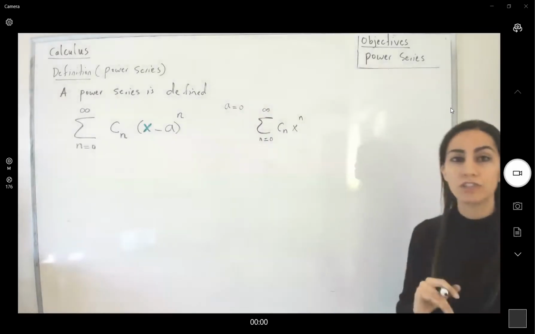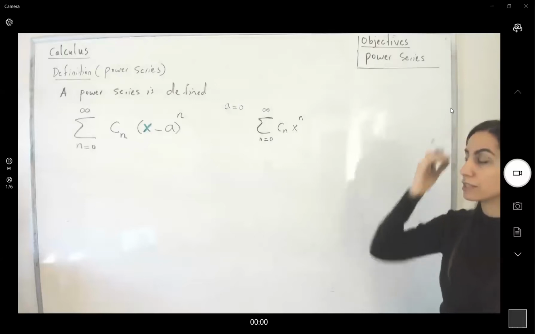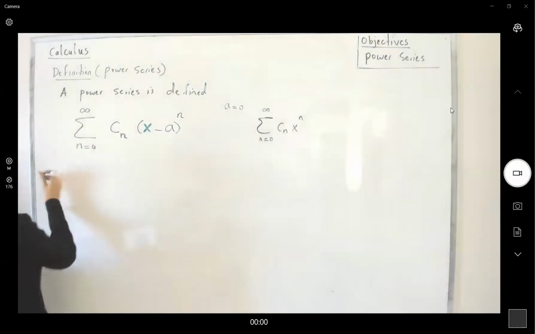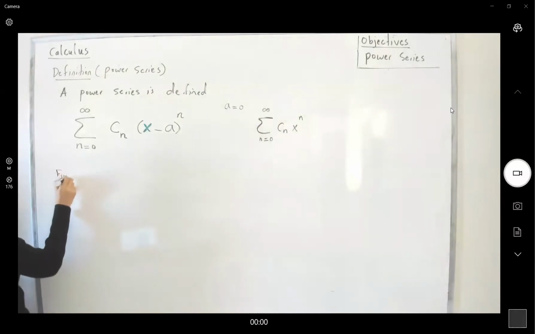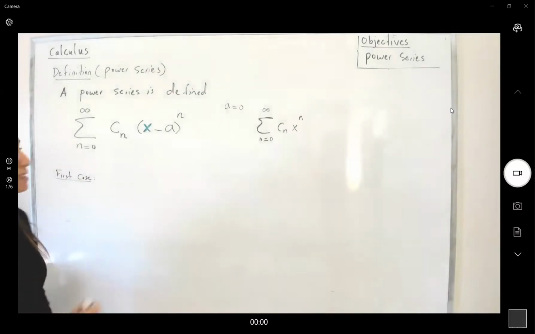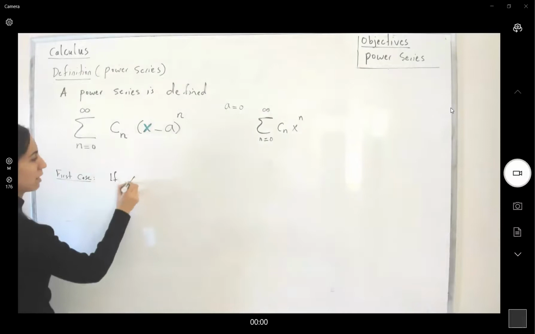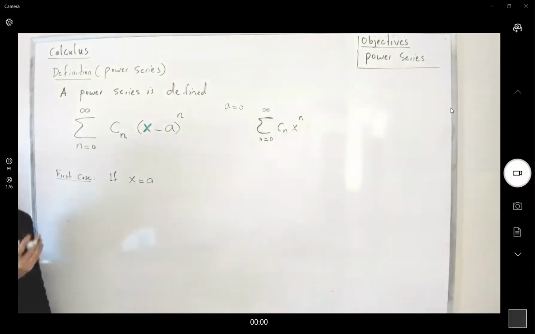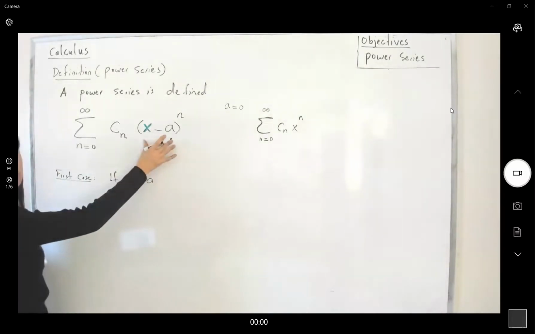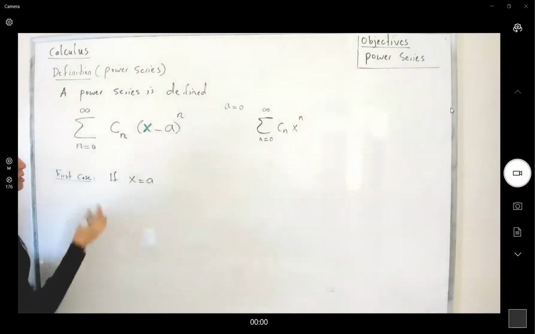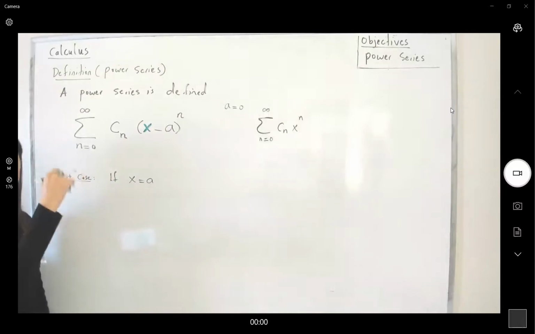When it comes to convergence and divergence of these series, we have 3 different cases. First case is very easy. We assume that x is actually equal to a. If x is equal to a, what's the meaning of that? It means that this term is going to be 0. 0 to any power is going to be 0, and here you have c sub n.